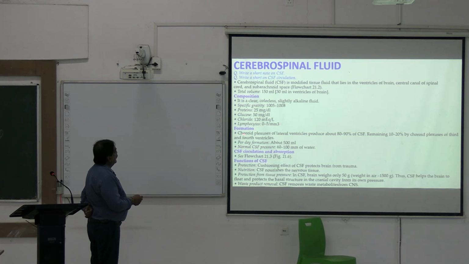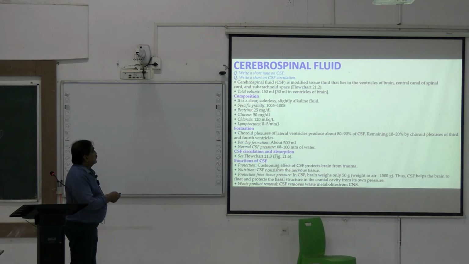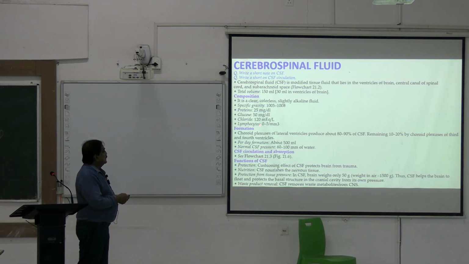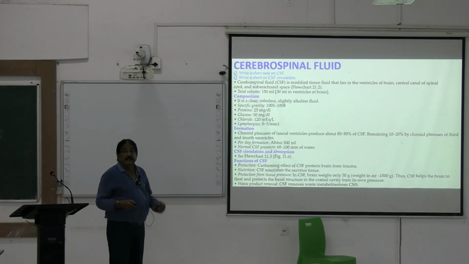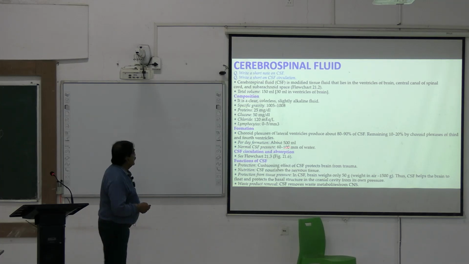Now, any alteration in your color, specific gravity, proteins, glucose, chloride, lymphocytes, then you have to find the clue what has actually happened, what disease the patient is suffering from. Okay.